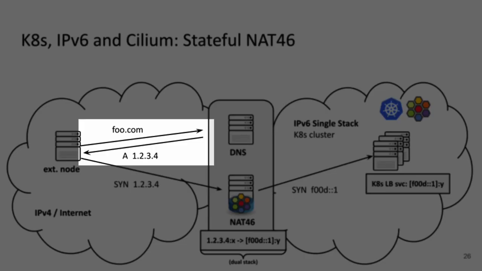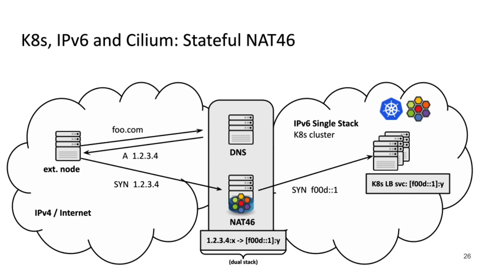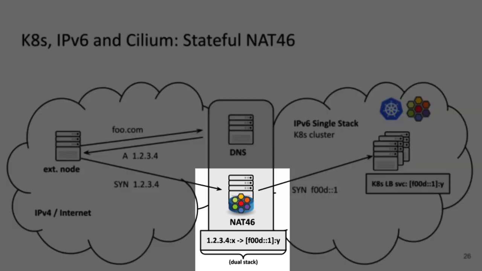So after a DNS query, the external client will make a request to the public IPv4 address, for example, and that address will be translated into an IPv6 address and then forwarded on to the cluster. Again, that Cilium gateway is providing you with the NAT46 functionality.